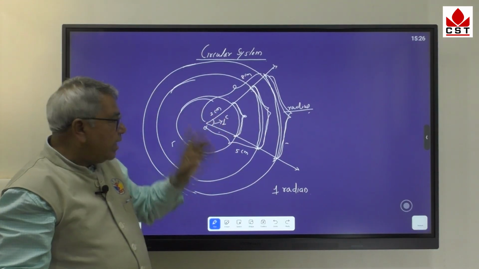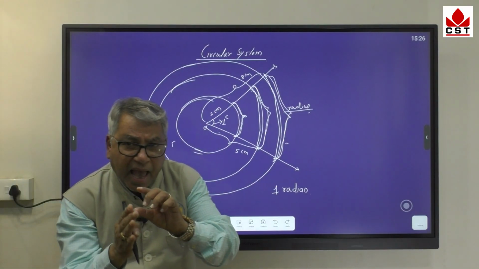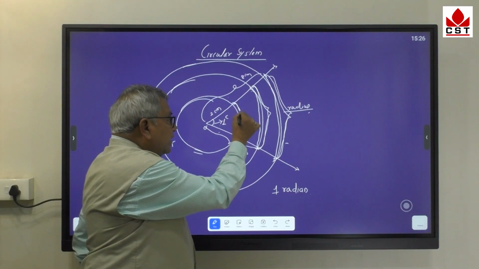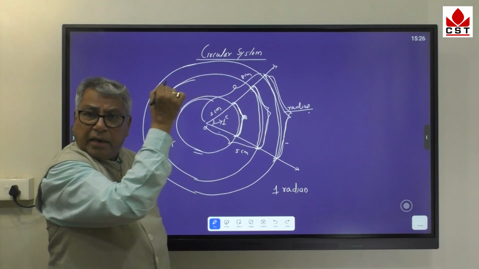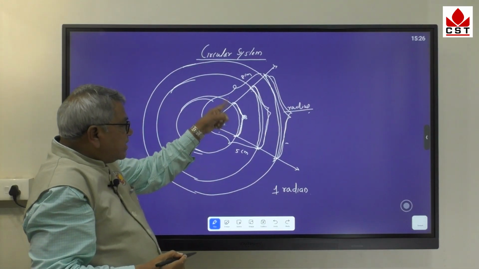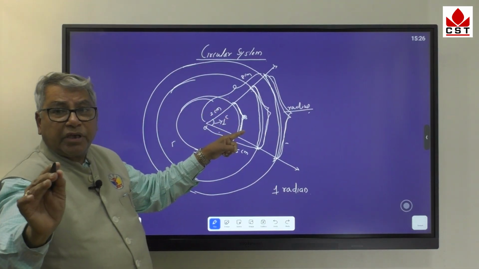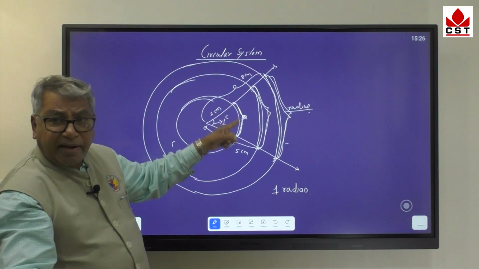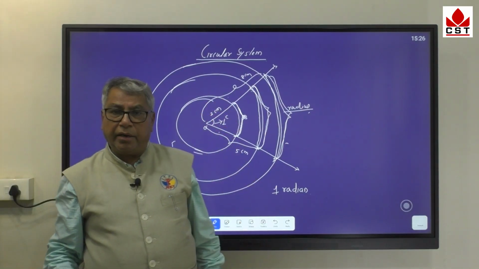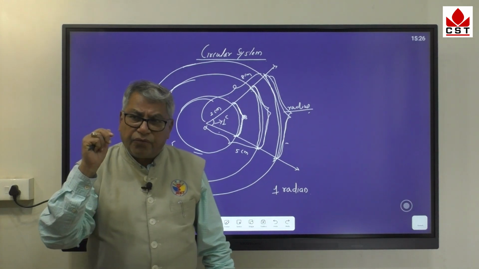Read it: 1 radian is the angle subtended by the arc of the circle whose length is equal to radius of circle. It doesn't mean that that's a radius, remember that, whose length is equal to radius of circle. It is always constant for all the circles.